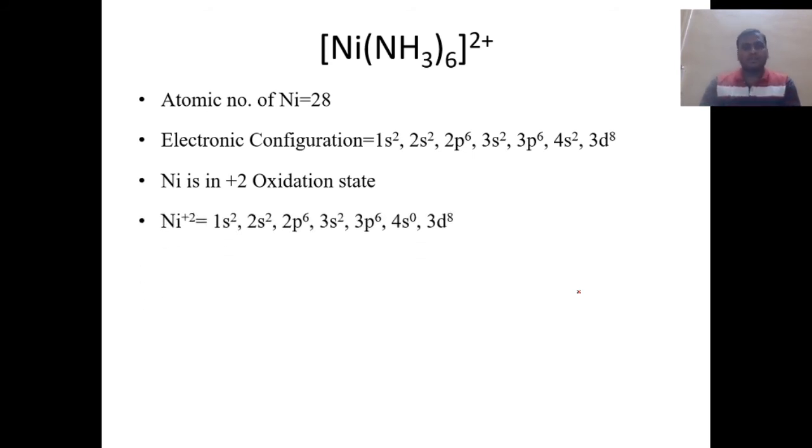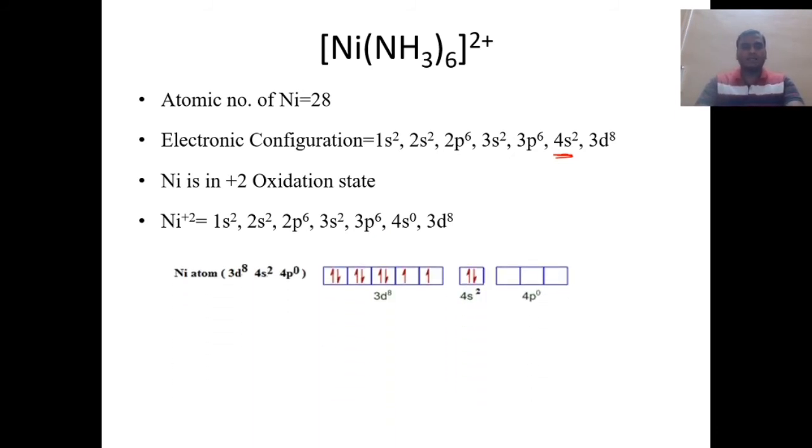So its electronic configuration is, you can see here, 1s2, 2s2, 2p6, 3s2, 3p6, 4s0, 3d8. That means it loses 2 electrons from the 4s orbital while forming a complex. So this is the electronic configuration of the nickel atom at the ground state.